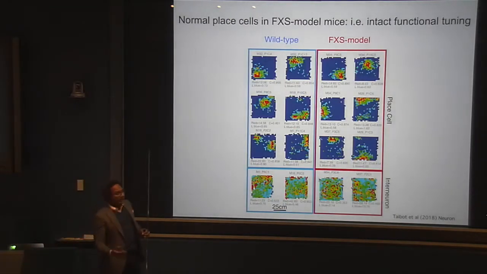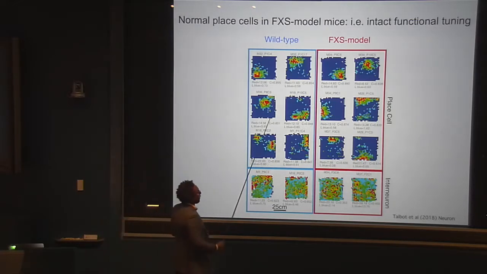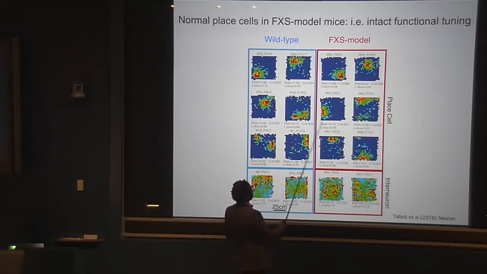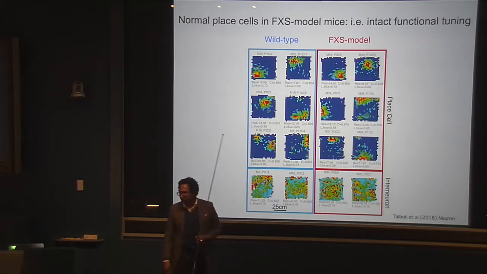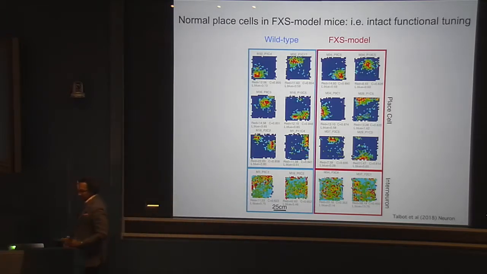Well, these cells look absolutely normal when recorded in the Fragile X model or the wild type animal. This was extremely exciting for me, entirely demoralizing and depressing for the folks in my lab. I was very happy about it because I had the ability to reject, even if it was the common hypothesis, one hypothesis in favor of another, so we proceeded.